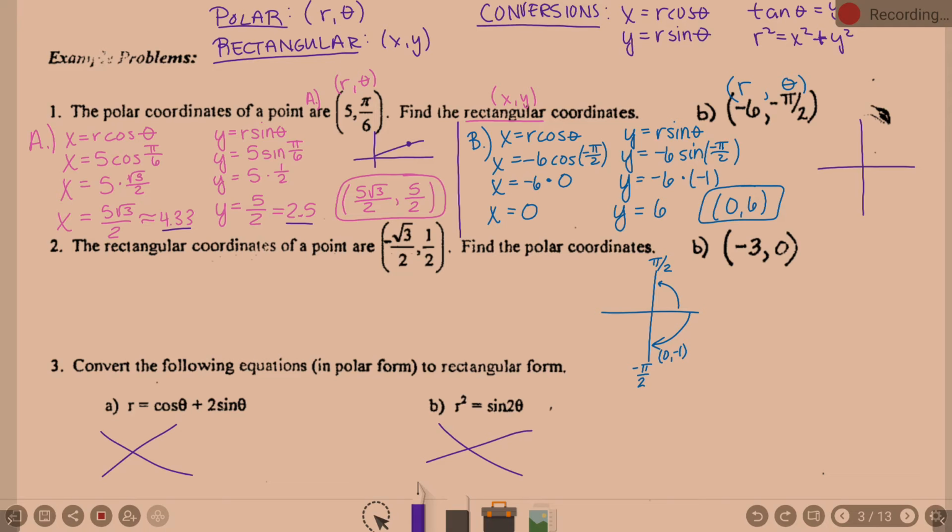Negative pi over 2 says we go down to here, so we're on this angle. What does negative 6 say we do? You go backwards through the pole, so negative 6 is actually going to end up here at positive 6. Does this make sense with the ordered pair 0, 6? Yeah, 0, 6 is left to right 0, up 6. So that should make sense.